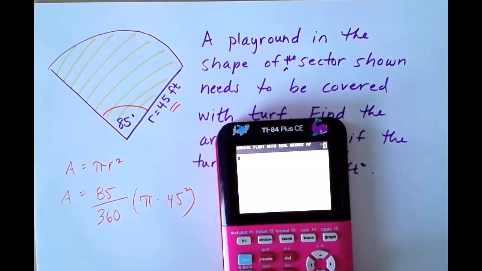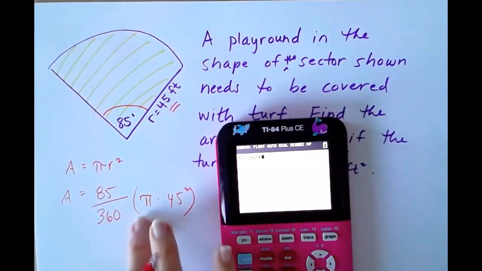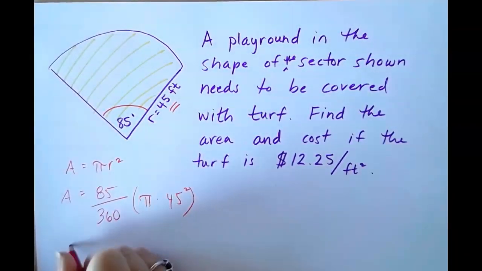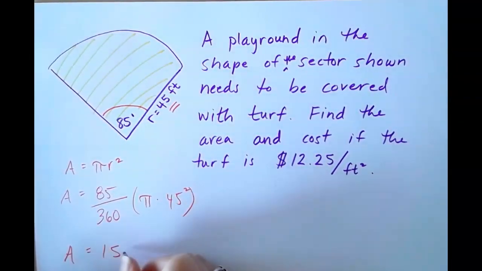So we're going to go to the calculator, and it's going to be 85 over 360 times pi times 45 squared. So right into our calculator, and we get the area is 1,502.1 square feet.